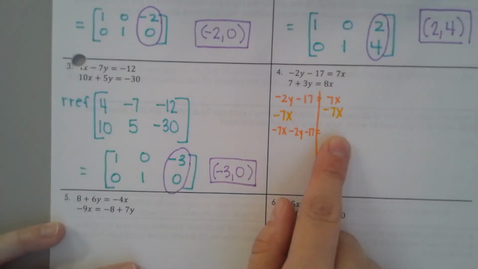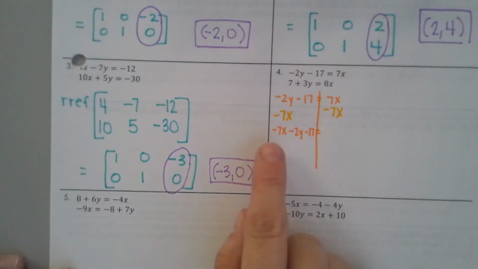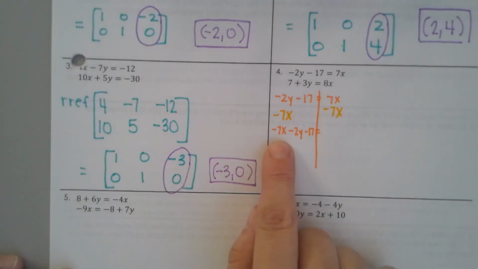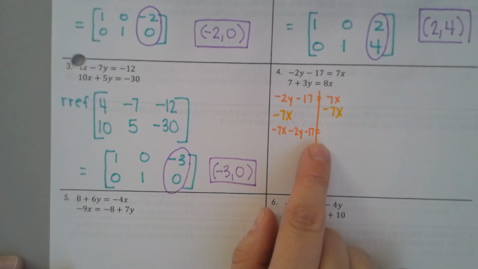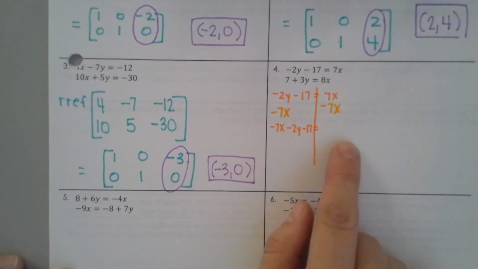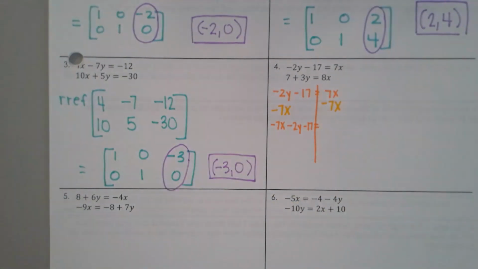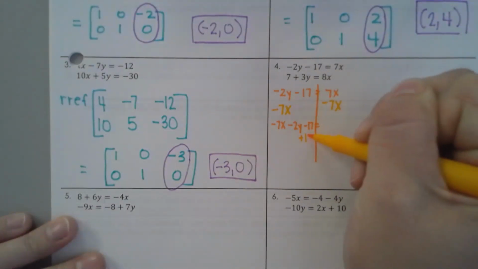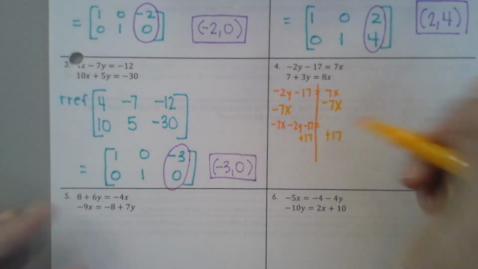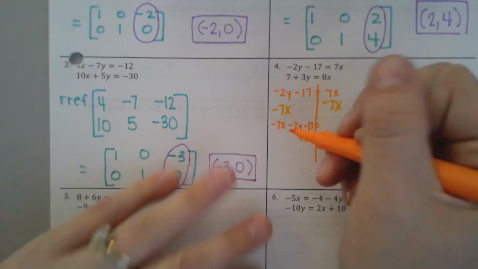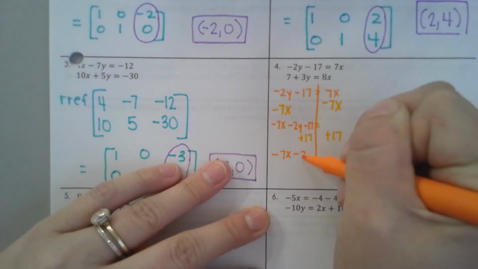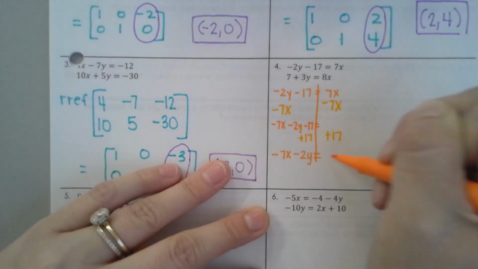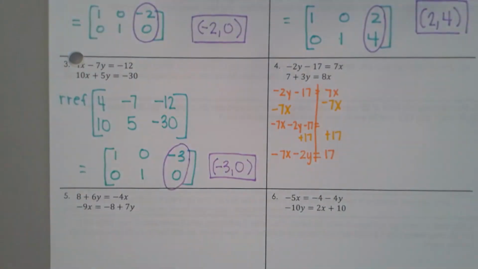This is a negative 7x minus 2y minus 17. But I need to move that 17 over, so what do I do with it? Add 17. And I get negative 7x minus 2y equals 17.